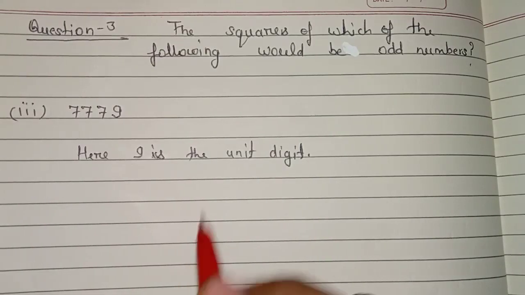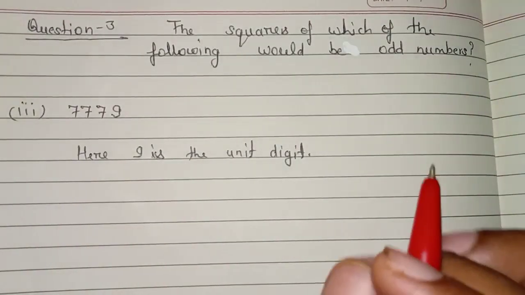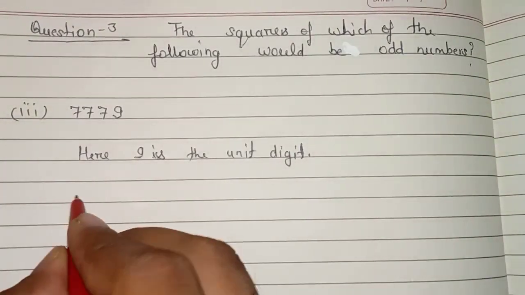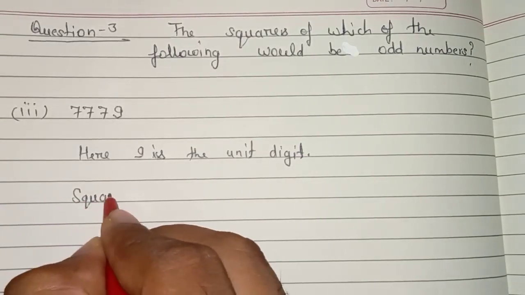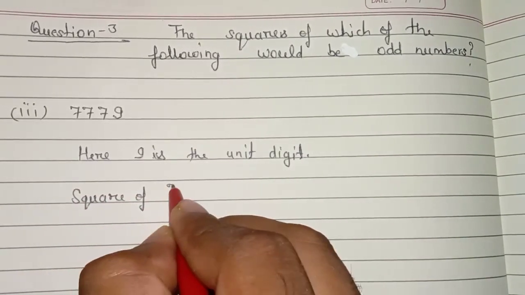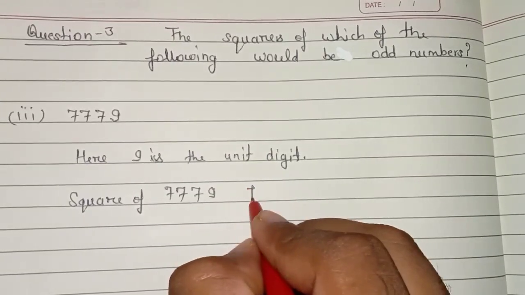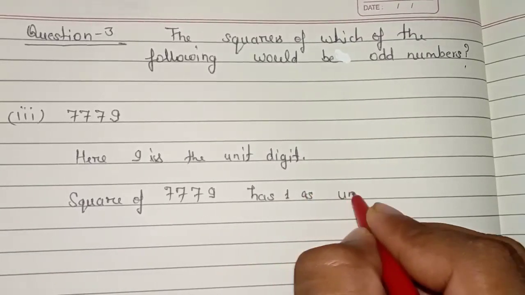So when 9 is given as unit digit, then the square ends with 1. So square of 7779 has 1 as unit digit.